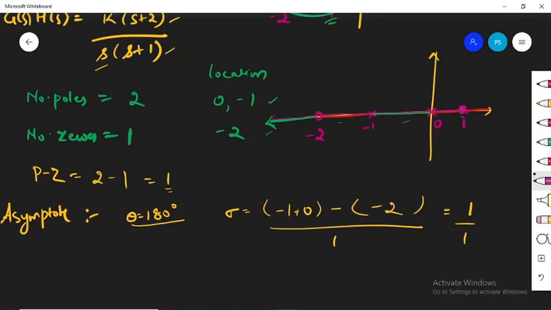Now, next part. I know that the root locus always starts from the open loop poles and terminates at the open loop zeros. So I have got two open loop poles here, one at minus 1 and another at 0, and I have got only one zero, which is at minus 2.